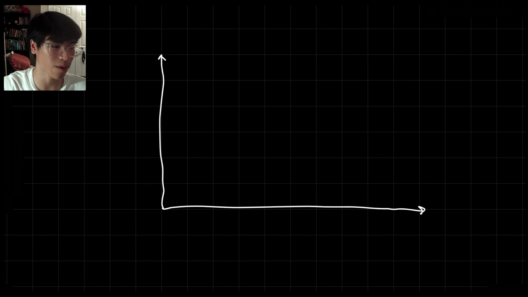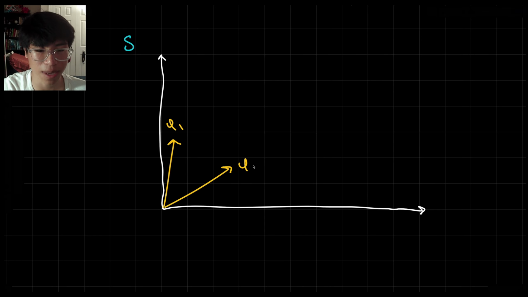So to remember what we've done, we've considered the vector space S of all sequences which satisfy the Fibonacci recurrence. We found two basic vectors, phi1 and phi2. And because they're basic vectors that span S, we know that some combination of them has to lead up to the Fibonacci sequence. And it was pretty easy to do so.